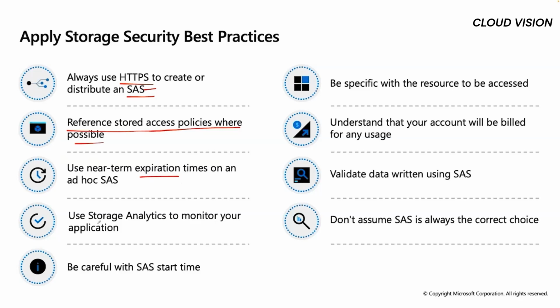You can use storage analytics to monitor your application, what is happening, whether there is any problem. You need to monitor and make amendments as quickly as possible. Be careful with SAS start time, because when you define it, it's going to start from there, just after that time passes. So be careful when you grant and when you expire that key.